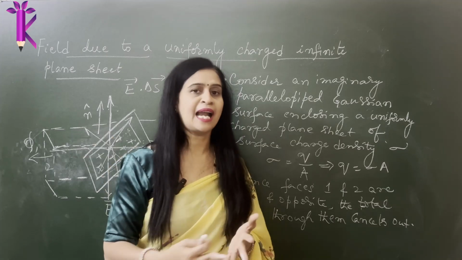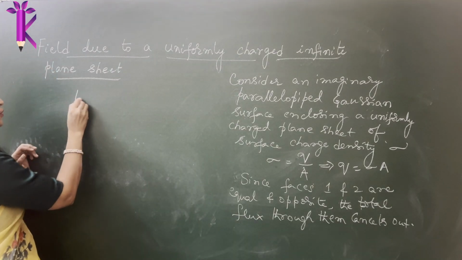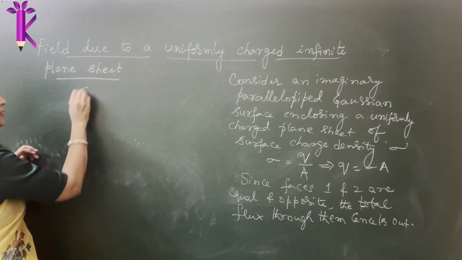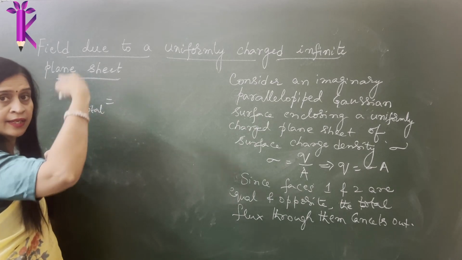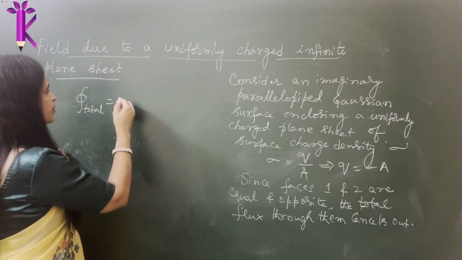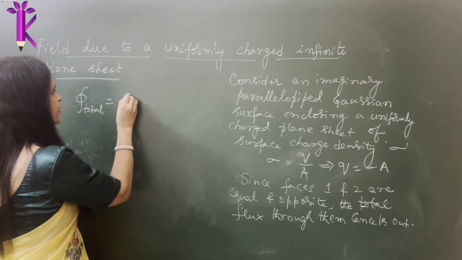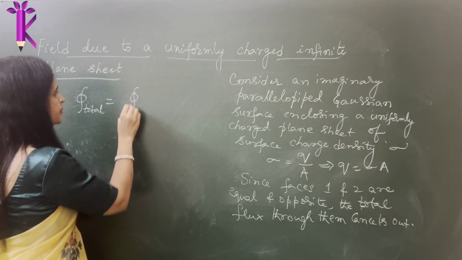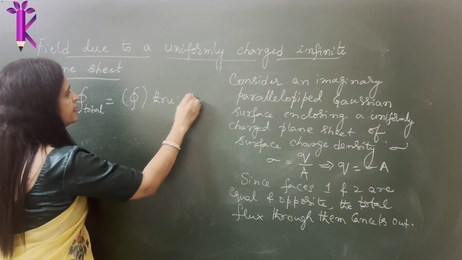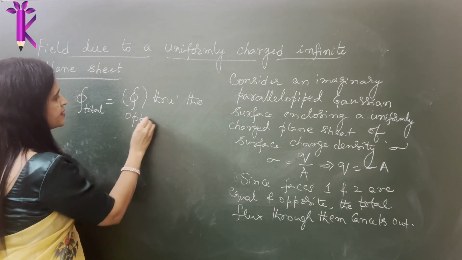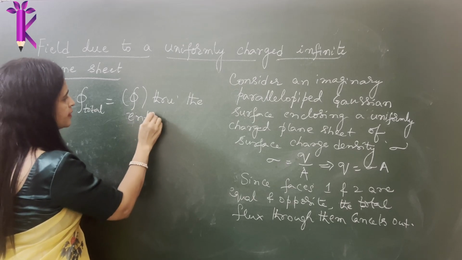I'll rub this part and we will continue. Yeah, so the total flux is only due to the flux through the opposite rectangular faces.